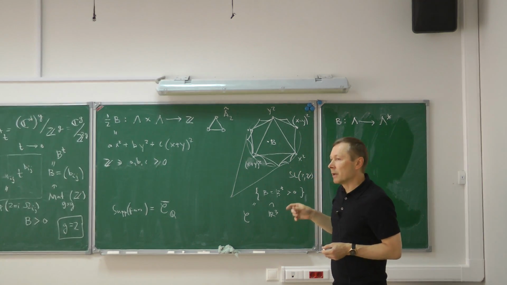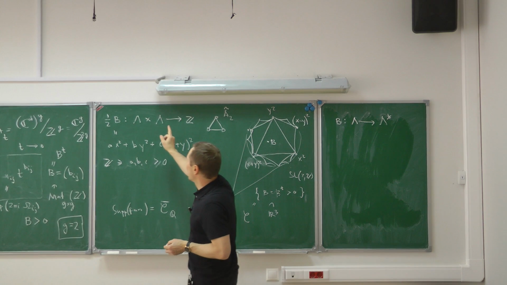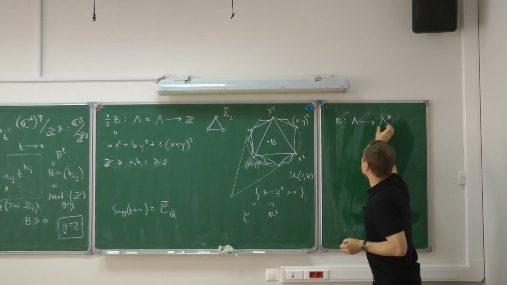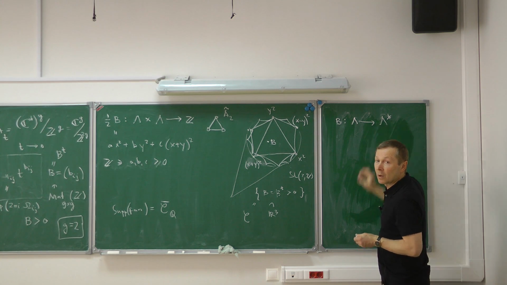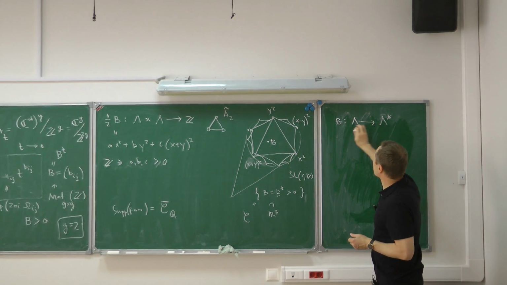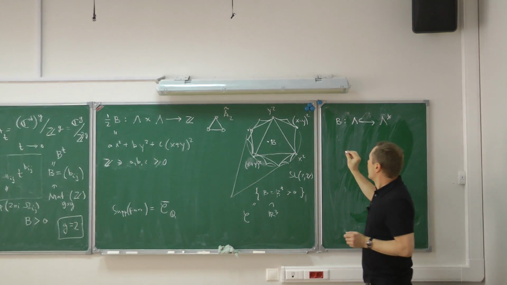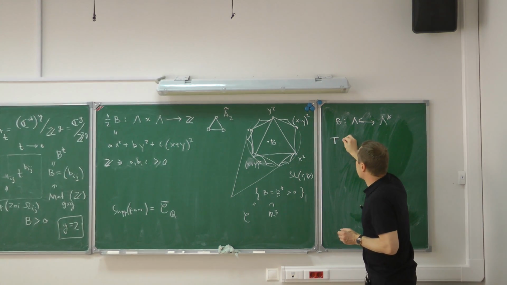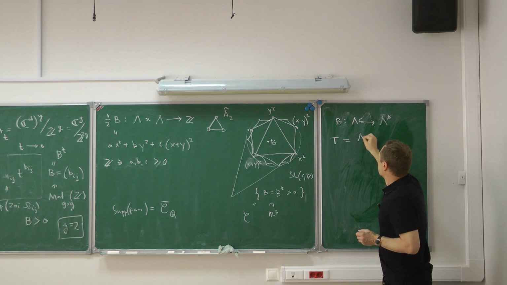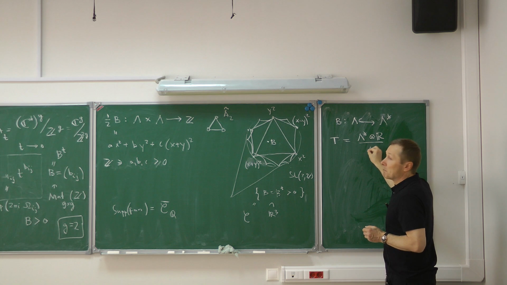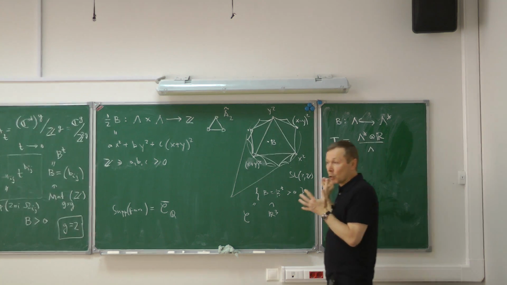Because I took lambda to be integral, the image is a sublattice here. So I have lambda star, and inside I have a sublattice lambda. And so the tropical abelian variety is this lambda star tensor R modulo lambda. So it's a torus.